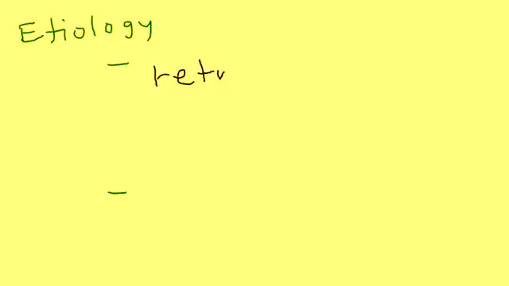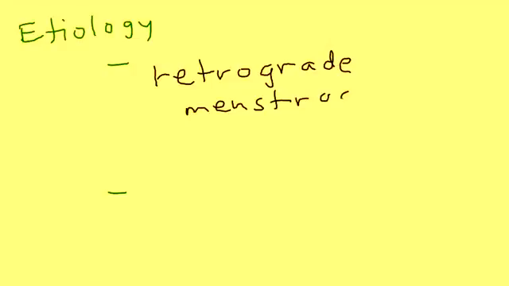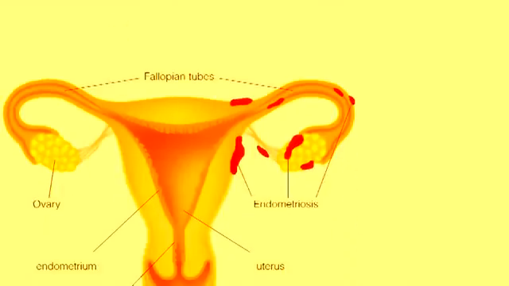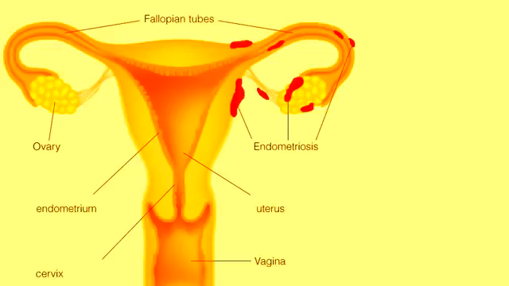So how does this happen? What is the etiology? Well, there are two theories. The first theory involves retrograde menstruation. During menstrual flow, going back to our diagram here, normal menstrual flow, as you all know, goes this way, but retrograde menstruation would be the opposite way.